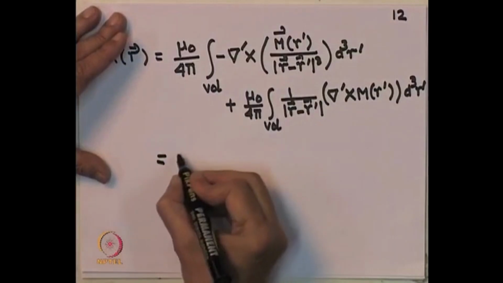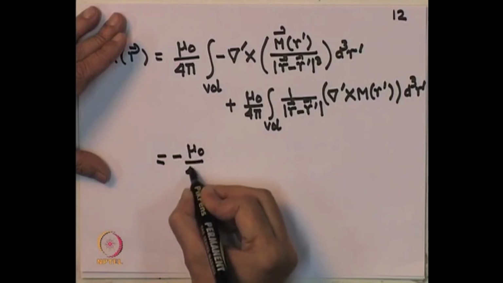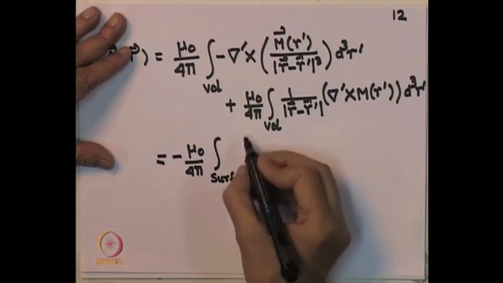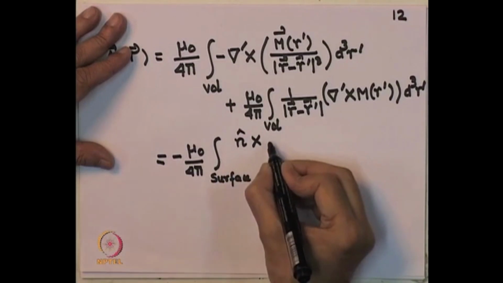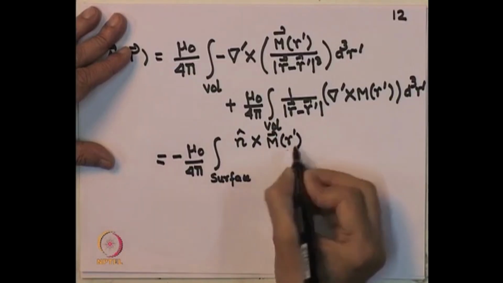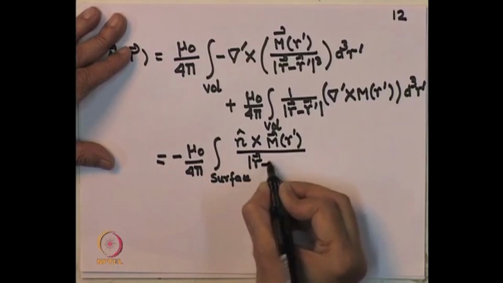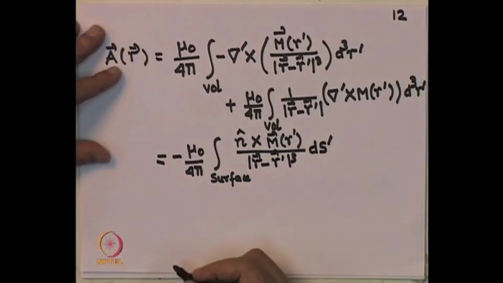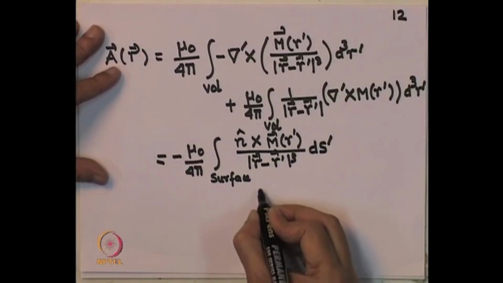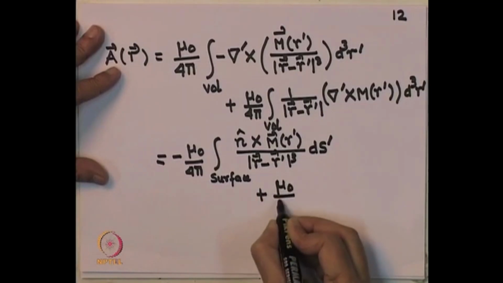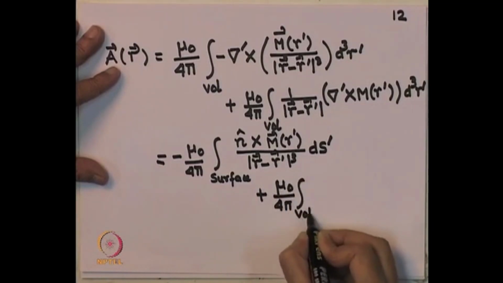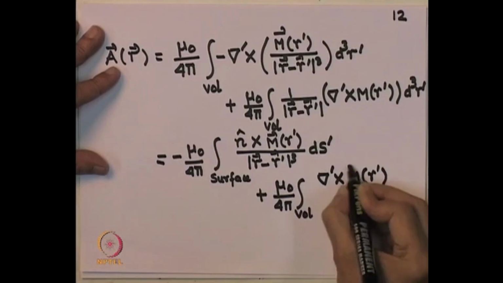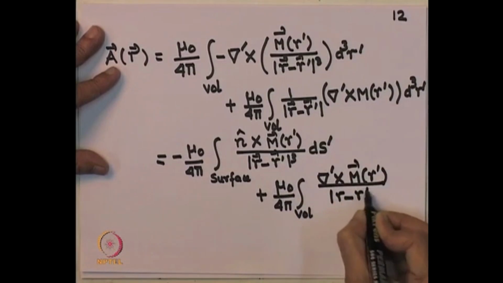So, this will give me, minus sign is already there, minus mu 0 by 4 pi, integral over surface of n cross m of r prime, divided by r minus r prime cubed, ds prime, prime because I am always putting prime over that, and the next one I simply write the way it was, mu 0 by 4 pi, integral over volume, del prime cross m of r prime over r minus r prime, d cube r prime.